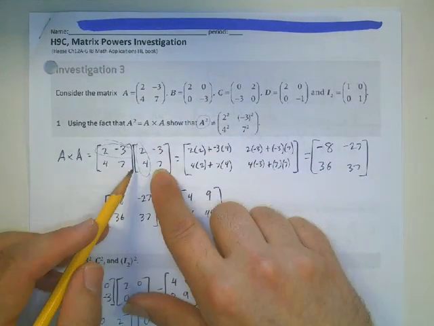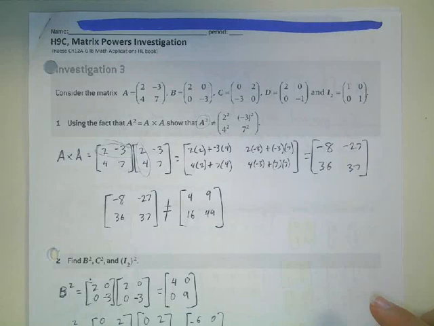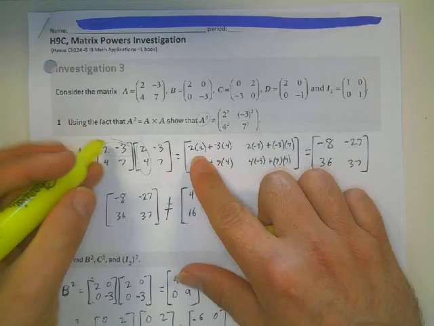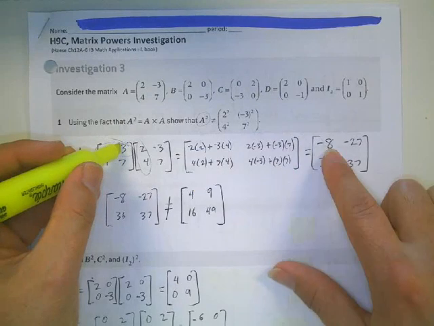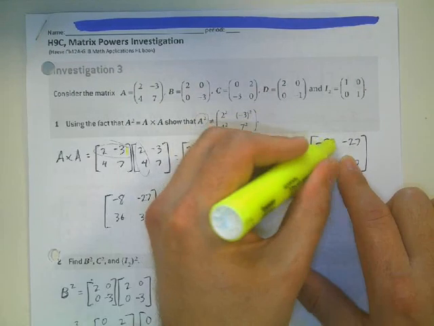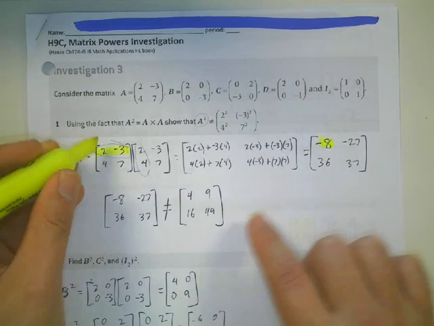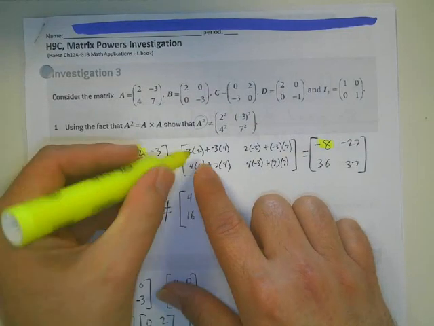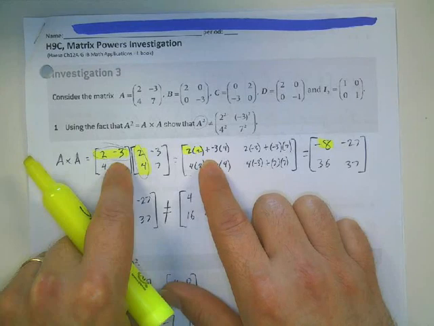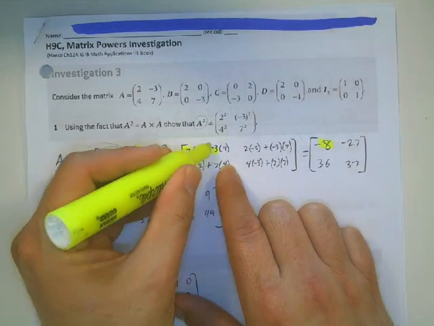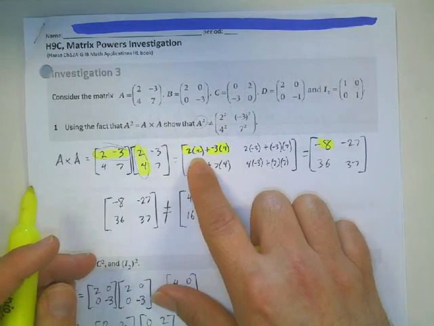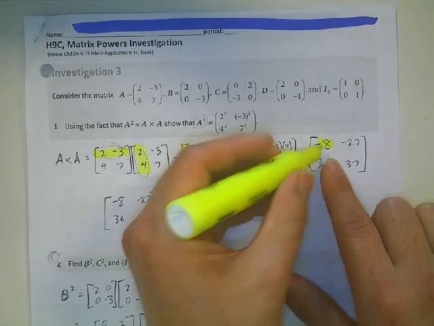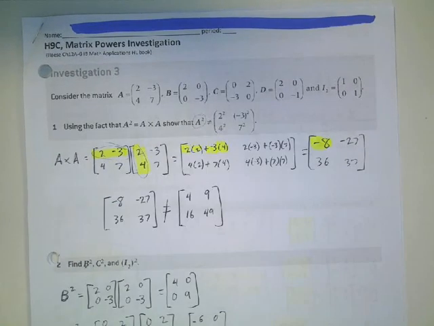To get each value, I multiply this row times this column. So I'm going to have 2 times 2 plus negative 3 times 4. 2 times 2 is 4, and 4 plus negative 12 gives me negative 8, and so on. So you can check your work here.